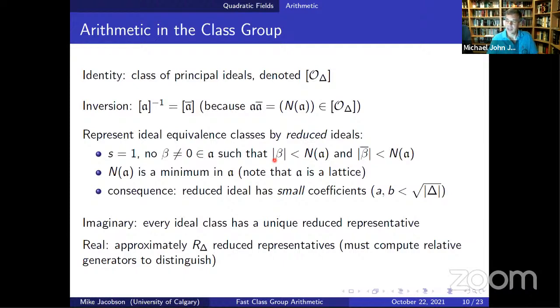So in particular, this implies that class group arithmetic now has to work with what are called relative generators to help distinguish. So you take one reduced representative, find all the equivalent ones, and you have to know which principal ideal you multiply your original one by to get all the other ones. You have to keep track of those things explicitly as well. So not quite as easy, but still, at least multiplication and reduction is the best that we can do.